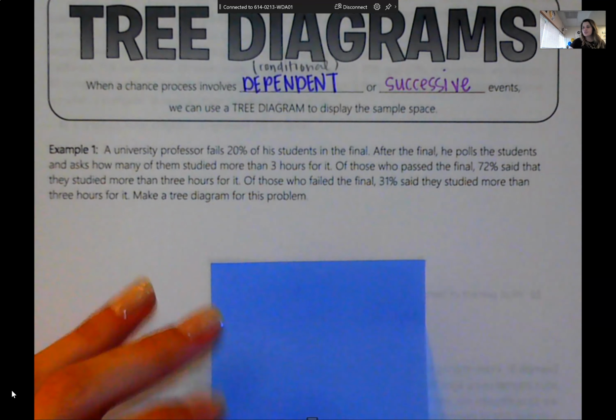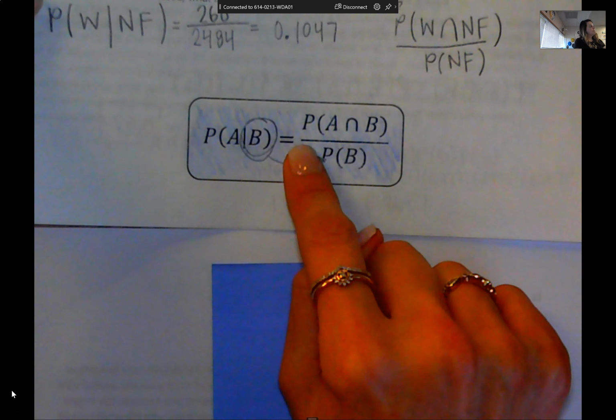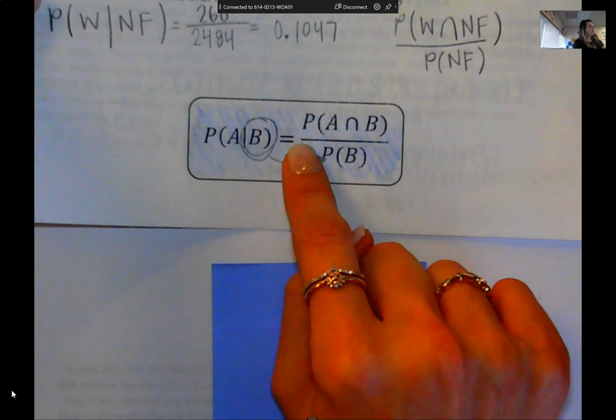So the first formula is the one that tells you the probability of A and B if your events are conditional. I will pull it if I can find it. So in our notes from last time, we have this formula. This is the first conditional formula that we got.